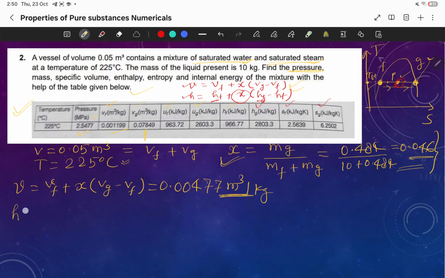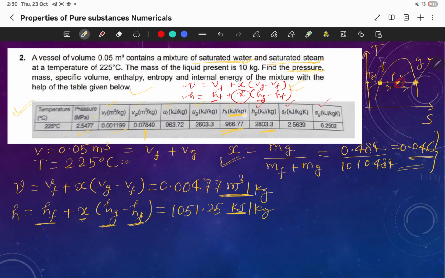And for specific enthalpy we get Hf plus x into Hg minus Hf. Put in all the values; Hf is given, Hg is given, and x we already calculated. We will get 1051.25 kilojoule per kg. This is the unit of enthalpy.